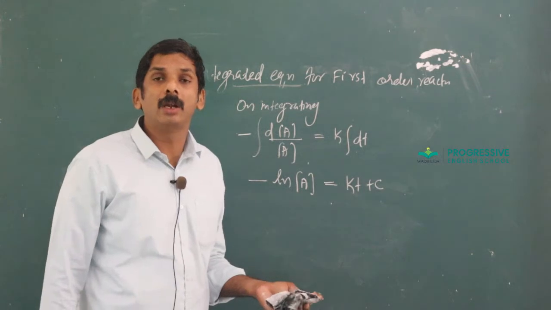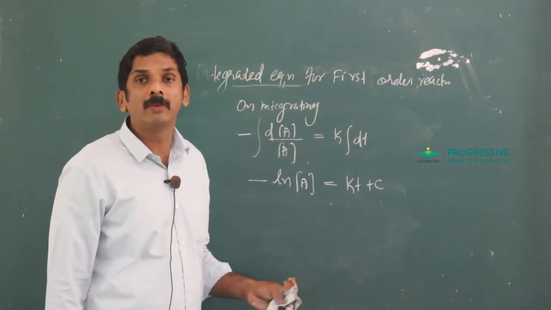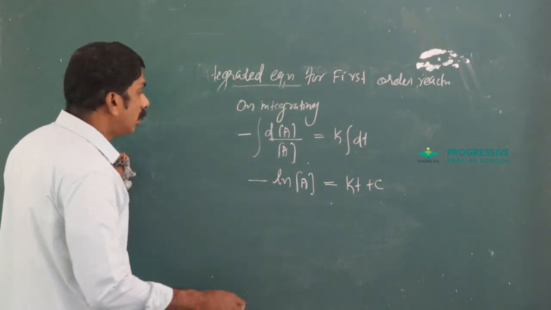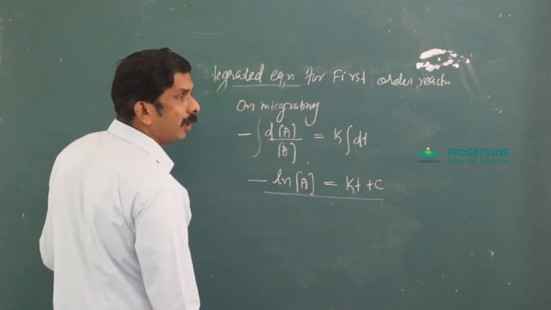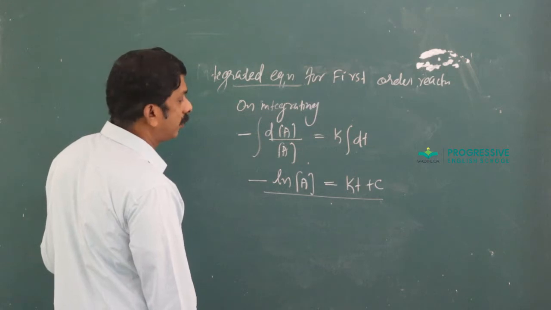Natural log is converted to common log by multiplying with 2.303. Then in this expression, next we find the value of C, that is the constant of integration.